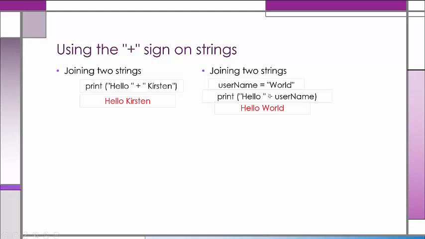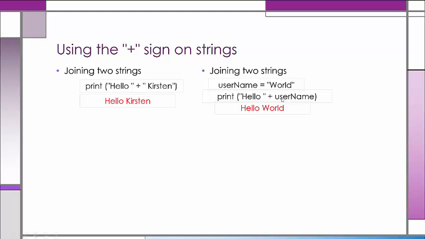This joins those two together. In other words, it joins our literal string, hello, in other words, literally type what's in my quotes, and then join whatever is in that username bucket or memory location. In this case, what's in there is the word world. And so what gets joined together is our word hello, and then whatever was in the username.